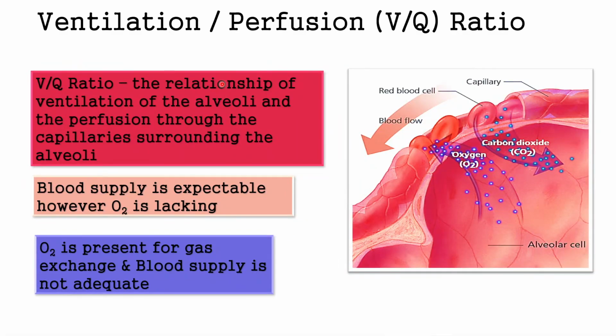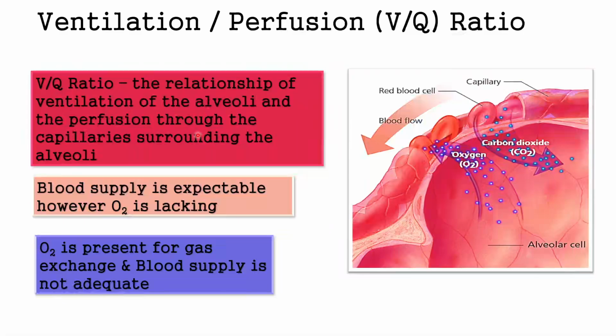VQ ratio, ventilation versus perfusion. I don't think it's hard. It can be made hard if you don't look at generally what they're trying to tell you here. What they're generally trying to tell you is there's two ways to die. You can bleed to death, right?